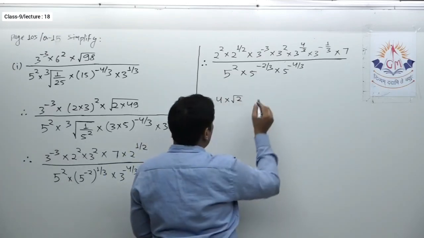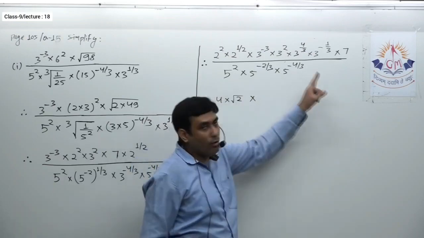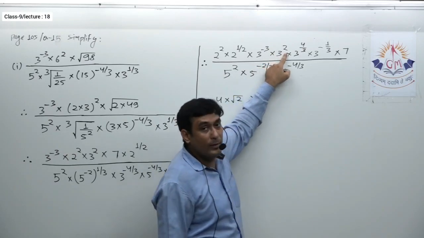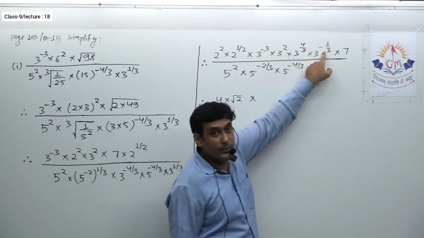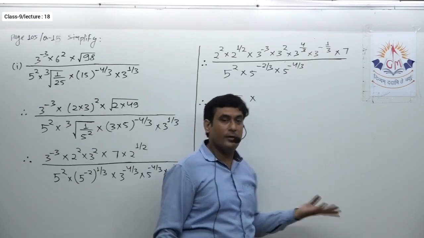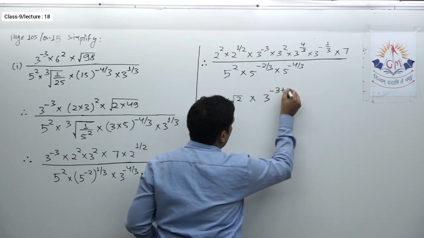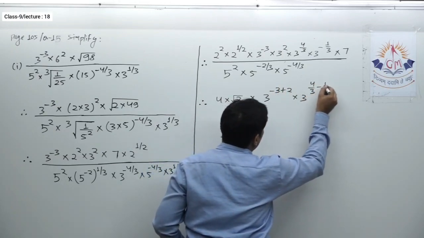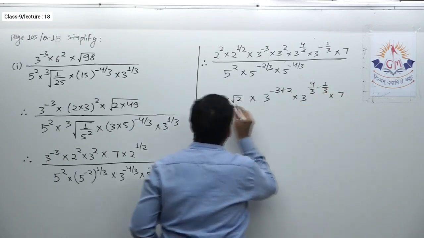Now if I talk about the powers of 3, definitely I can add all of them together. But if you observe, this minus 3 plus 2 can be simplified a little bit more easily. Similarly, 4 by 3 minus 1 by 3 can also be simplified easily. So here I write 3 raised to minus 3 plus 2 multiplied by 3 raised to 4 by 3 minus 1 by 3 multiplied by 7.